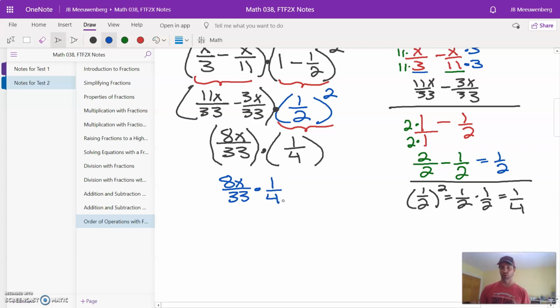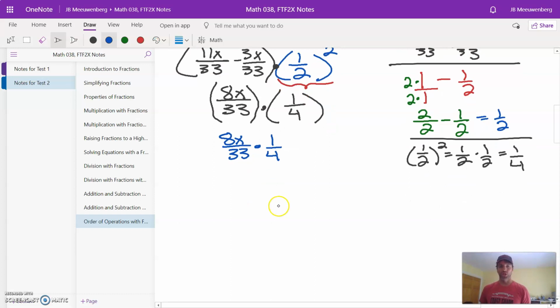Parentheses, dot, both mean multiplication. So now I'm going to look to cancel while I do my multiplication. 8x, if I factor it, is 2 times 2 times 2 times x. 33 is 3 times 11, and 1/4 is 1 over 2 times 2.